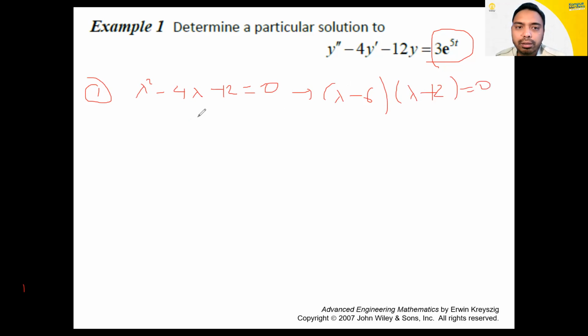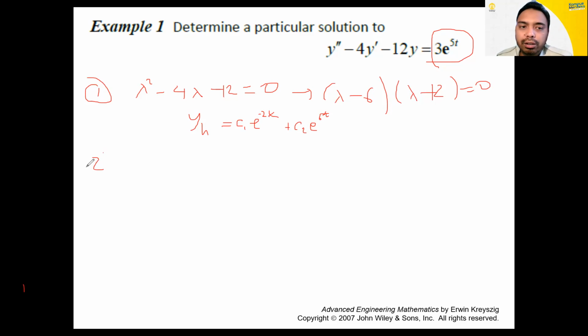So you will have the homogeneous solution as C1 e to the power of minus 2t, plus C2 e to the power of 6t. Okay, so that is the solution for the homogeneous one.